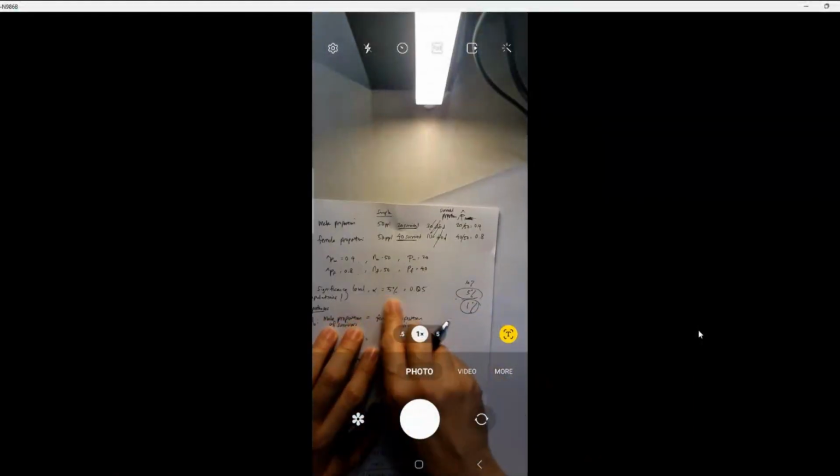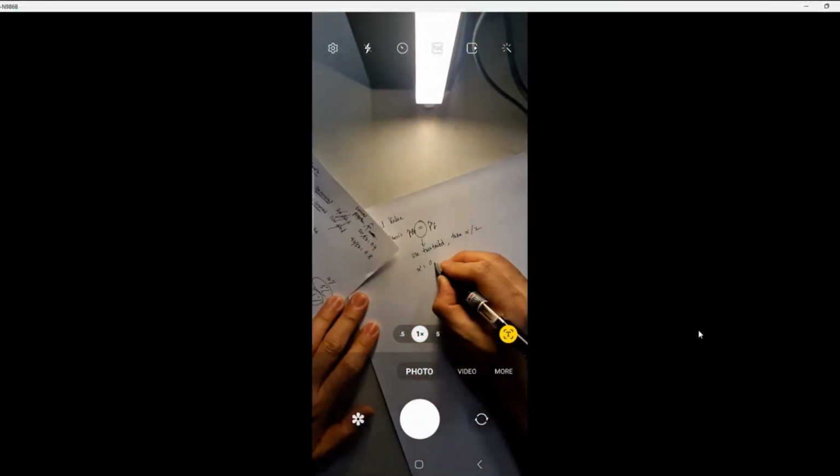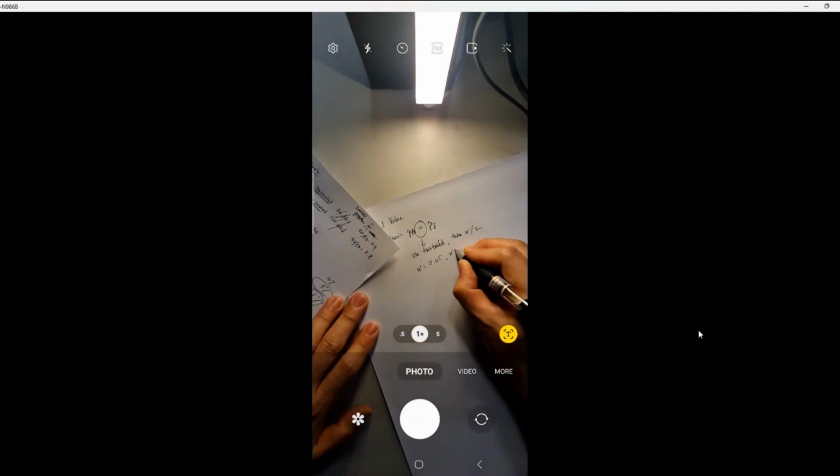Take the alpha, divide by 2. So alpha is given by 0.05, right? Thus, alpha divided by 2 is 0.025. We'll be using this one.